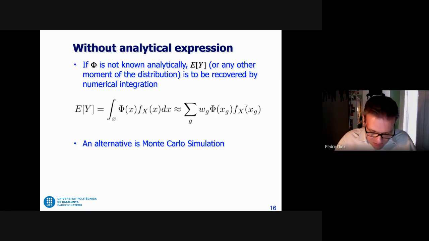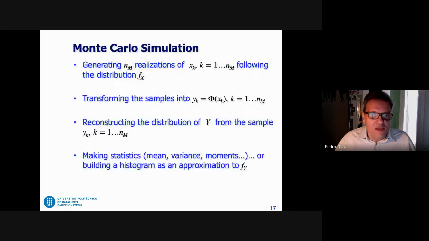The idea of Monte Carlo is very simple: you generate a set of realizations of x, m number of Monte Carlo realizations, as large as possible. You generate them following the input distribution f of x. So if x is a normal variable, you concentrate most of the realizations around the Gauss bell, and then you apply phi to all these discrete points.